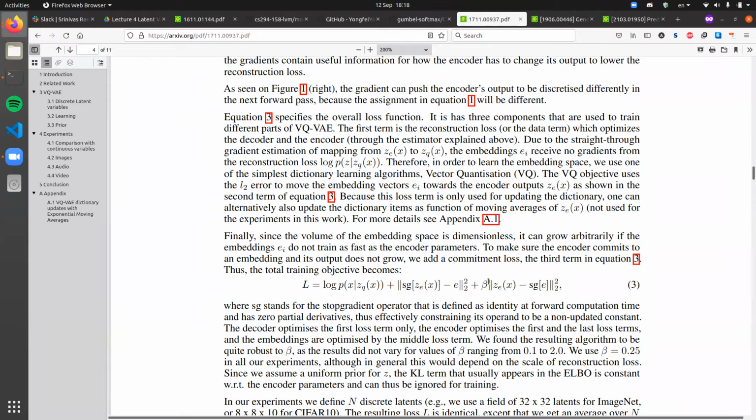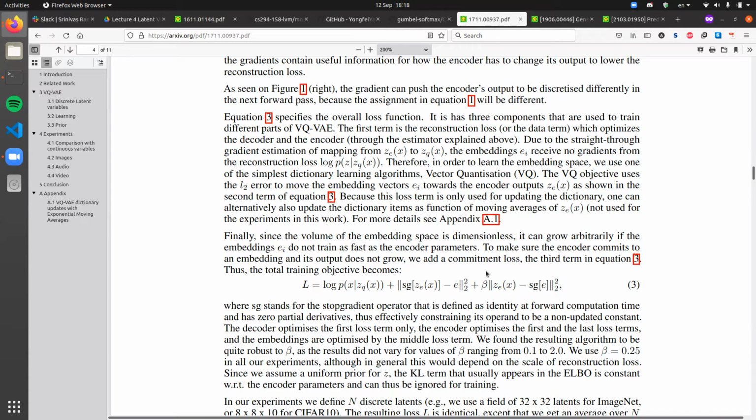And the second term is called the commitment cost, and it makes sure that outputs of the encoder are close to the codes we have in our code book.